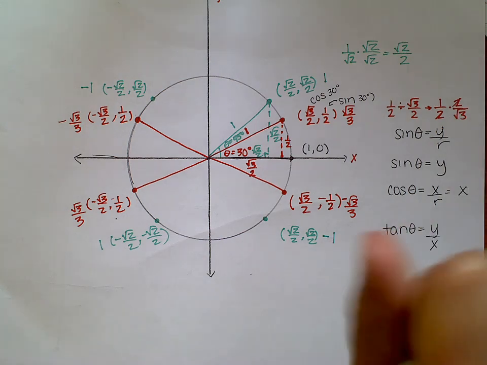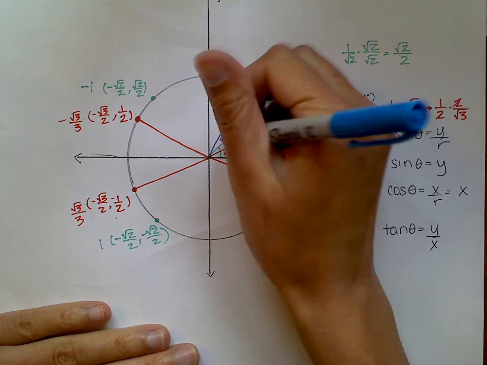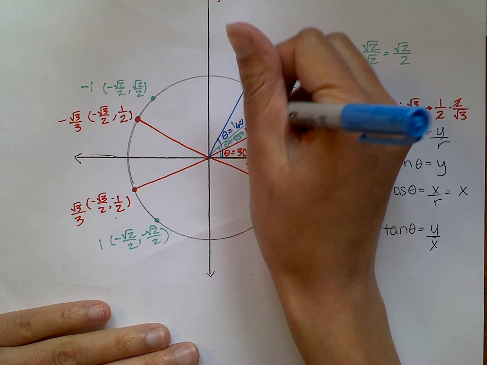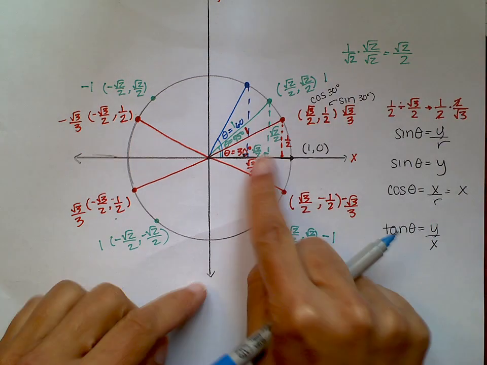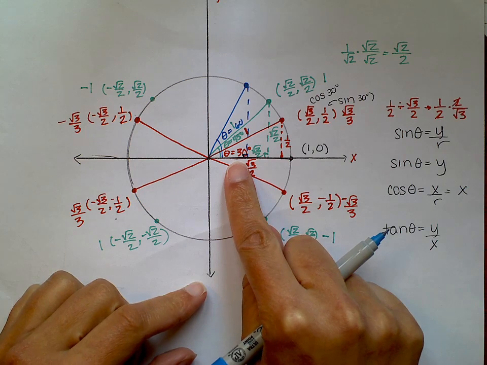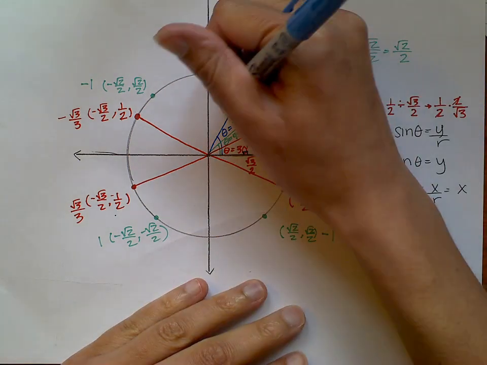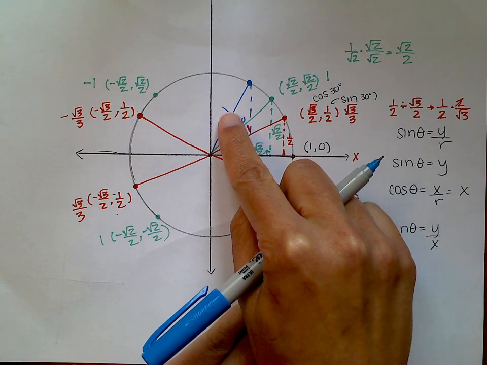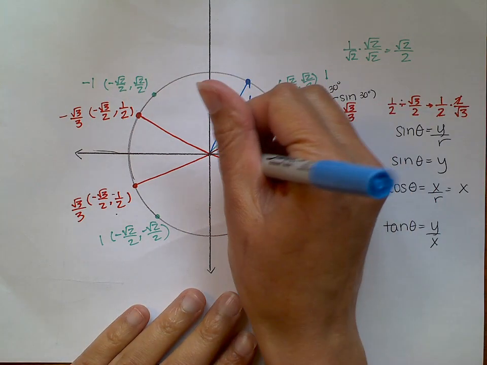Next, if I go to this point here, which is 60 degrees away, which is important because now we're on a 60, 30, 90, which is really the same as that first red triangle. It's just oriented in a different way. My radius is still 1. The shorter side, which is now the x travel part, is half as much, so half.